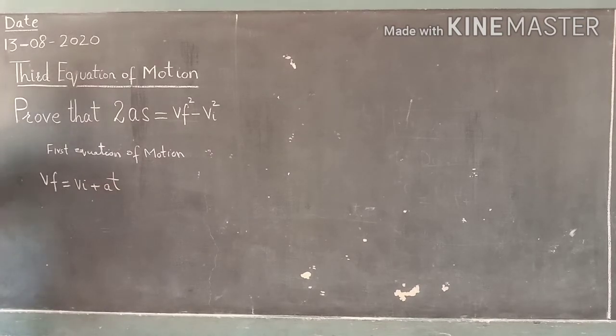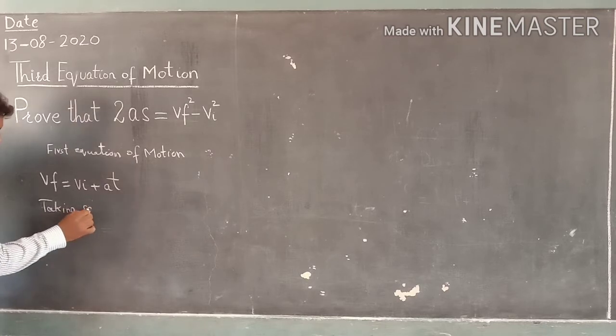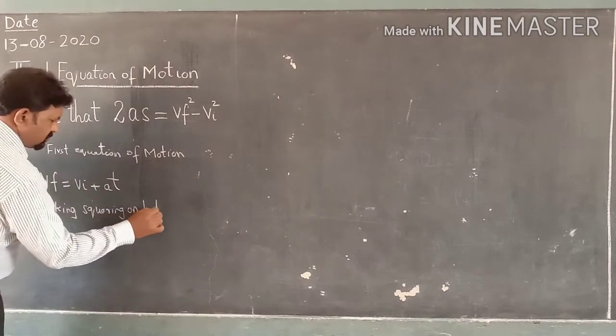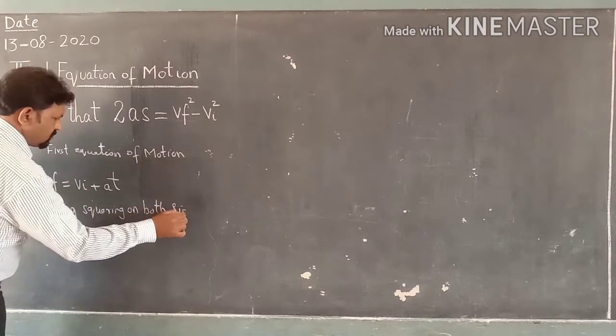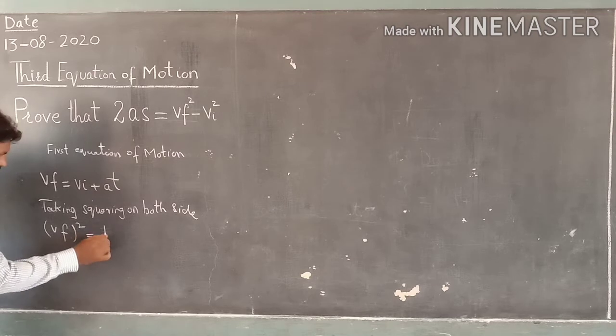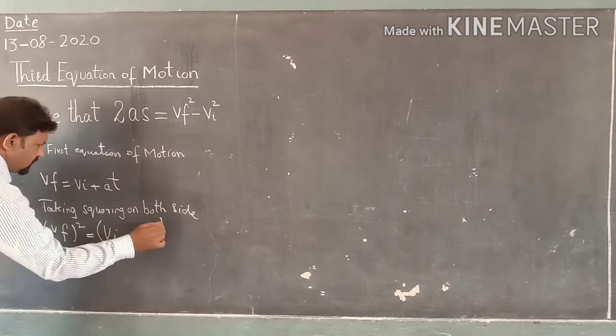So now we will take the square on both sides. Vf square is equal to (Vi plus At) whole square.